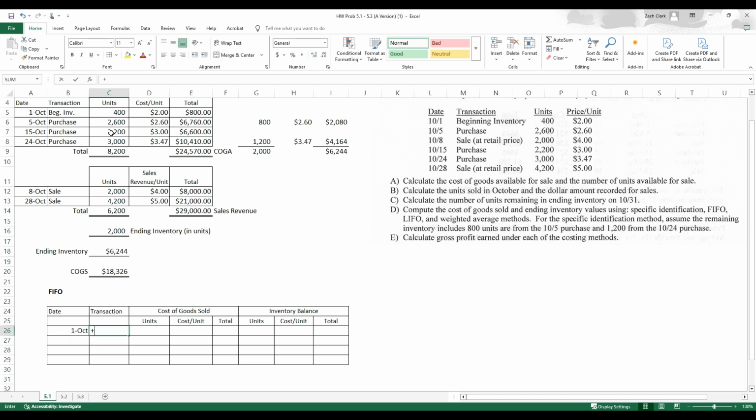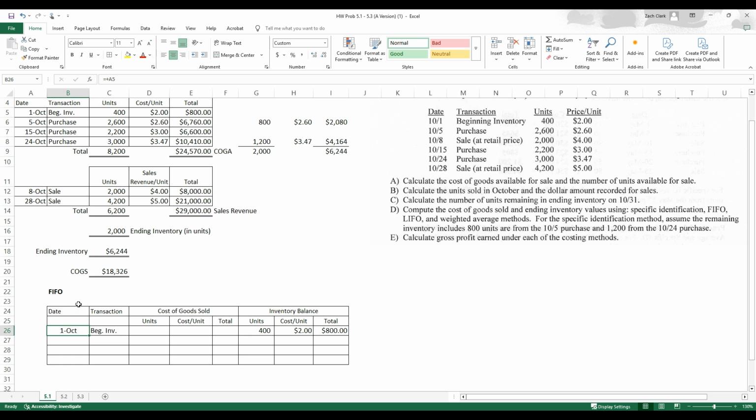So on October 1st, this is our beginning inventory, and we're going to come over to the inventory balance section here. We had 400 units at $2 per unit. Multiply those together, $800.